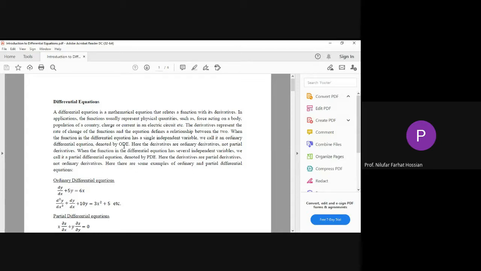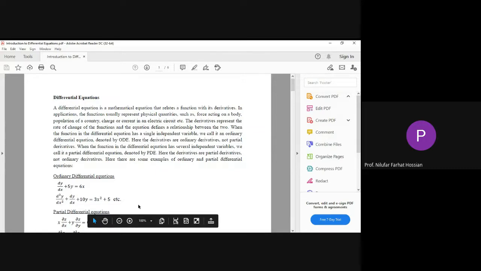But in partial, if you have more than two variables, say 3 or 4 variables, in that case the derivatives will not be ordinary derivatives, they will be partial derivatives, and the associated equation will be a partial differential equation. And in this course we will do only ordinary differential equations, not PDE, the partial differential equation.